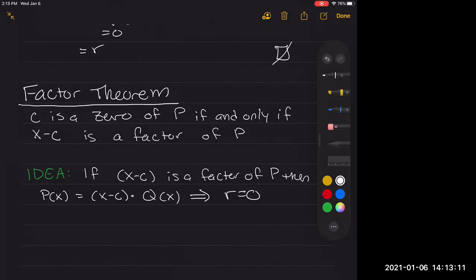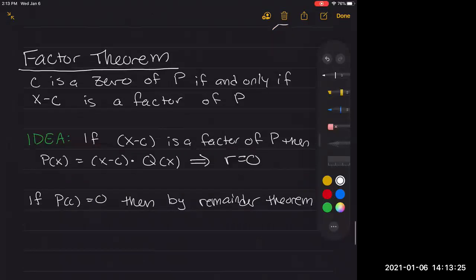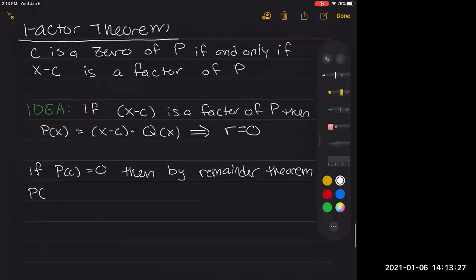And then the other direction, if P of c equals 0, then by the remainder theorem, P of x equals x minus c times Q of x plus 0, which just equals x minus c times Q of x.